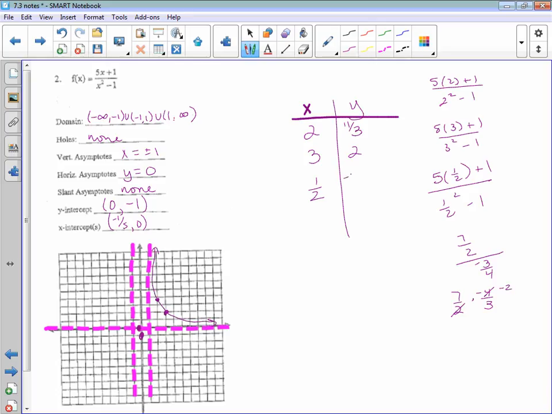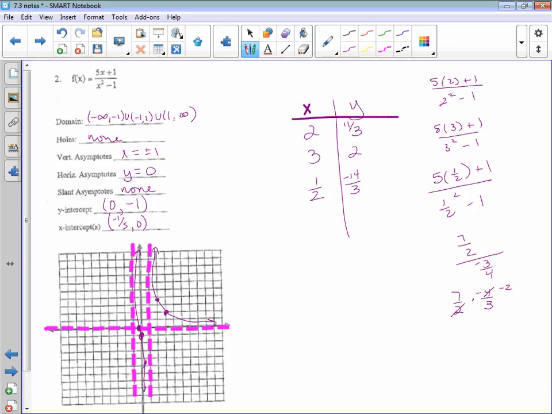Negative 14 over 3. Negative 14 over 3 is almost negative 15 over 3. Okay, so almost negative 5, right? So when I go to a half, I go down almost to negative 5. Whoa. So it's really skinny in the middle here, but it's going to look a lot like a cube.